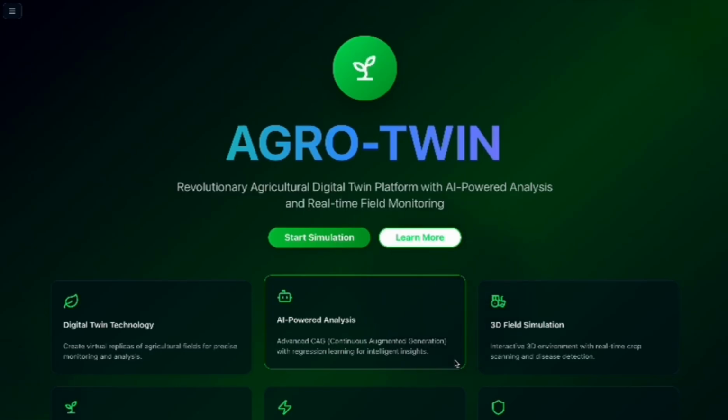So our topic, Agro Twin, will take 1 acre of land, in which we take a portion divided into 10 by 10 grids of boxes. A total of 100 slots will be available, and we will identify the defective crops in those 100 slots.